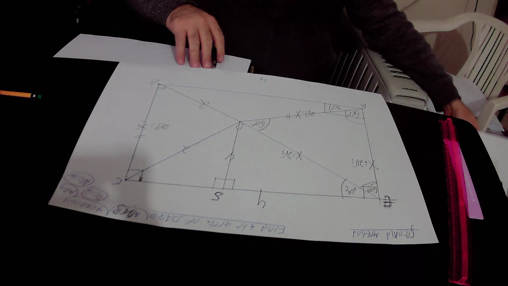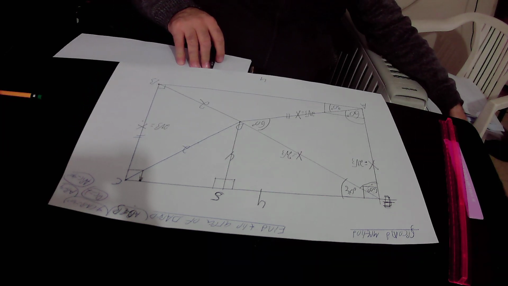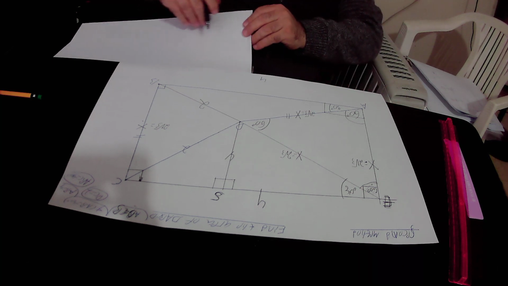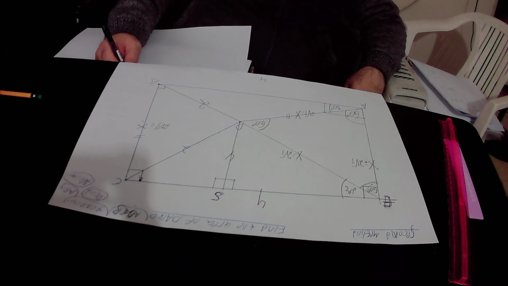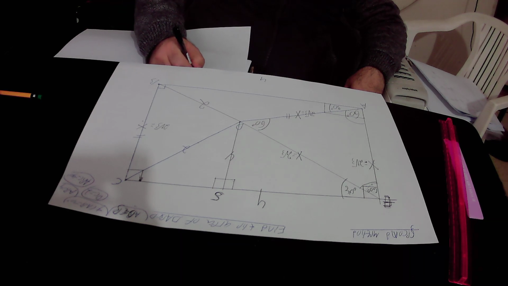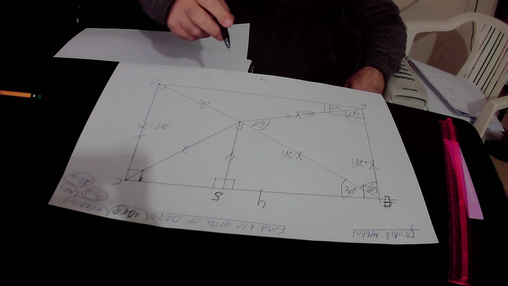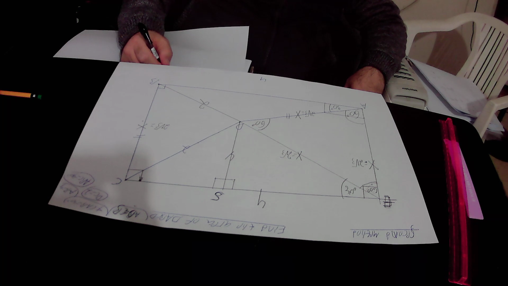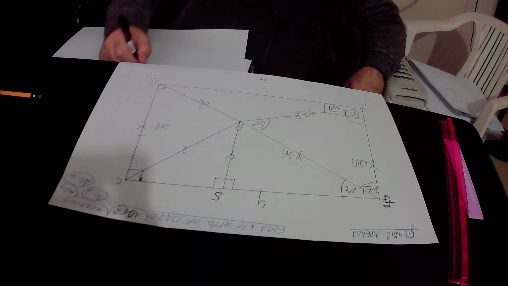Therefore, the area of quadrilateral ABCD equals the area of triangle ADB plus the area of triangle DBC.